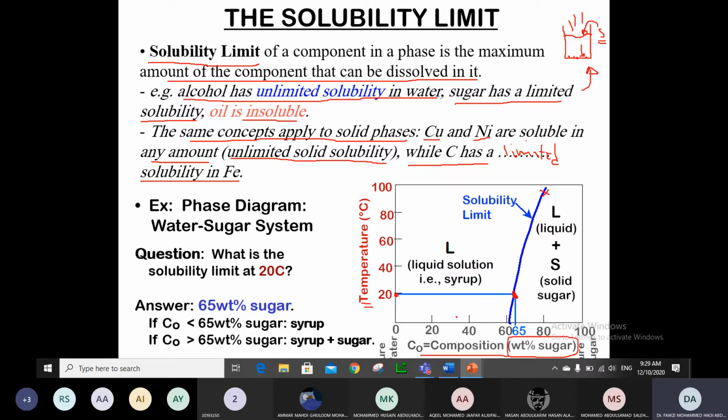We mark that point. Then we go to a higher temperature, let's say 40 degrees centigrade, and we do the same thing. We start from zero composition, then we increase the sugar. As we increase the sugar to 30, 40%, we watch until the precipitate forms.